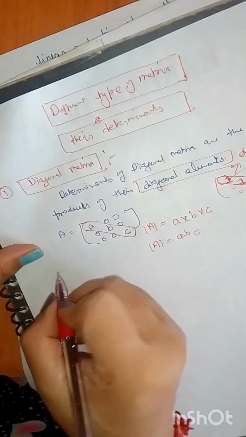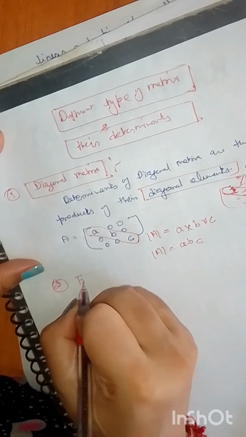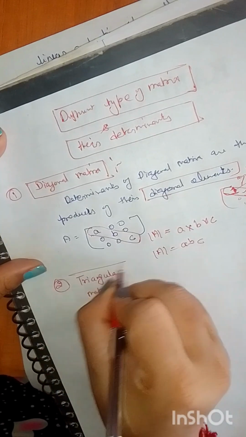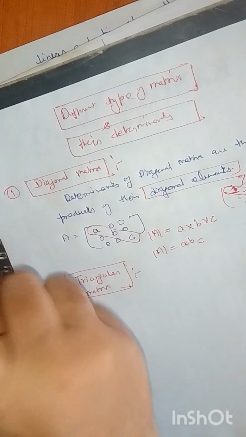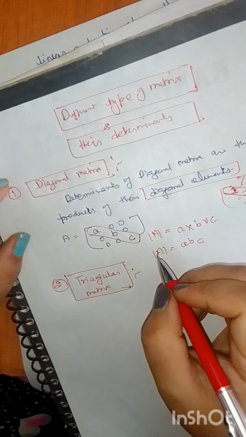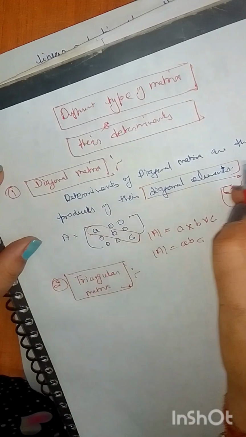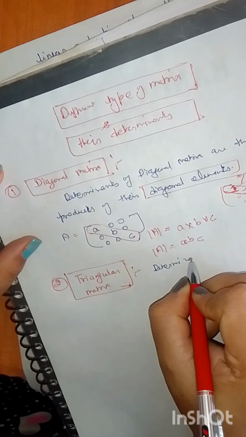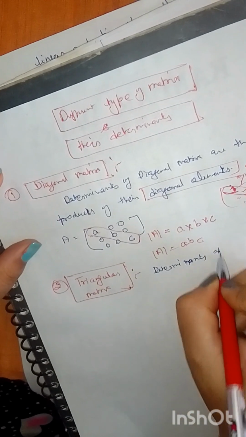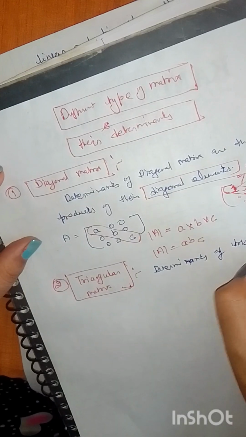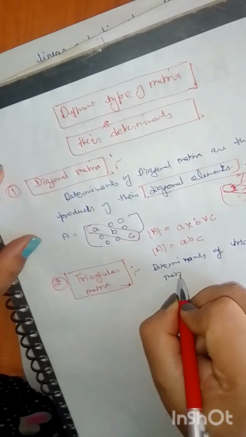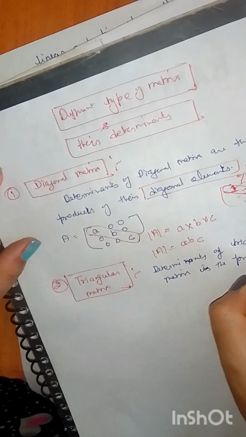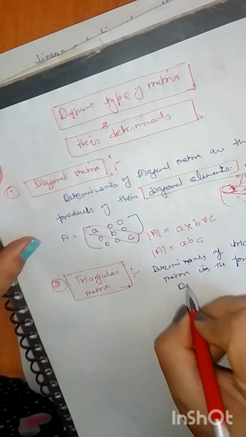Now comes the second matrix, that is called triangular matrix. What is triangular matrix? The definition is the same: the determinant of a triangular matrix is the product of its diagonal elements.